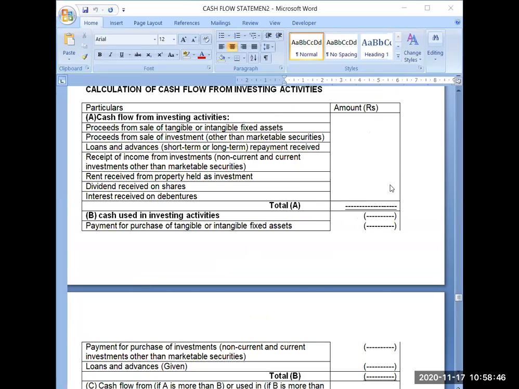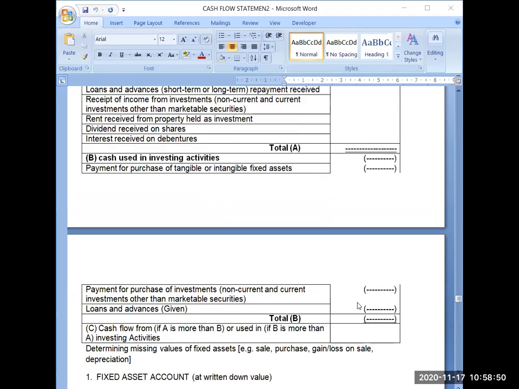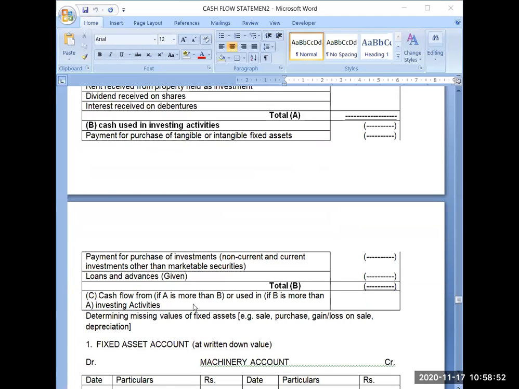So we will add the inflows separately and we will add the outflows separately, and then we will be able to decide whether we are getting any cash flow from investing activity or our cash is used in investing activity. If cash flow is more than cash used, then the answer will be cash flow from investing activity. But if cash used is more than cash flow, then the answer will be cash used in investing activity.